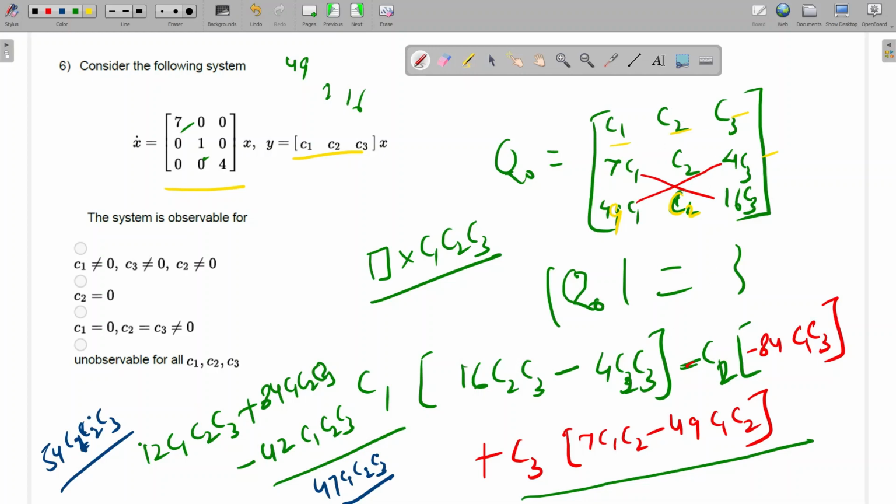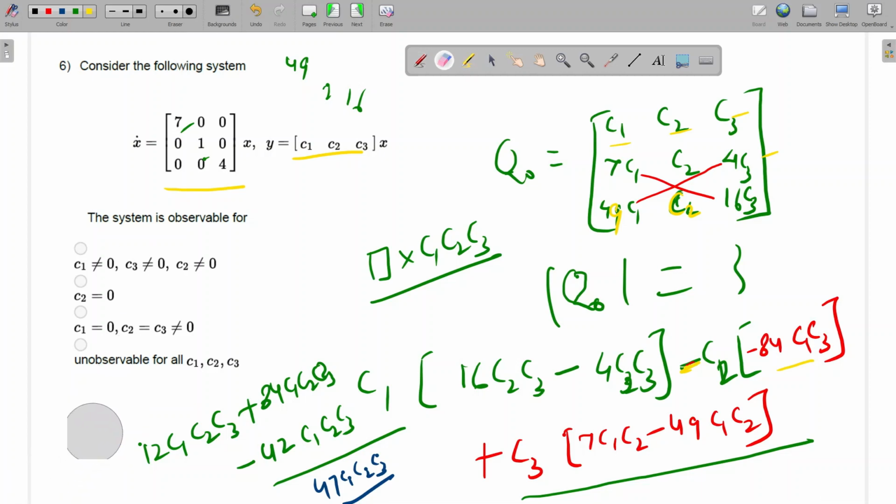Again for C2, minus C2 I am taking here, so it will be 16 into 7 minus 4 into 49. This is correct only. Minus 84 C1 C3. Again, if you take this one, I think it is correct only. Can anyone find any mistake? Okay, it's correct only.